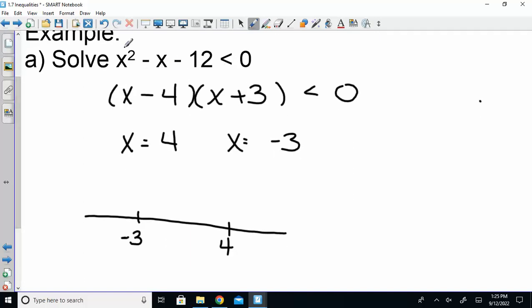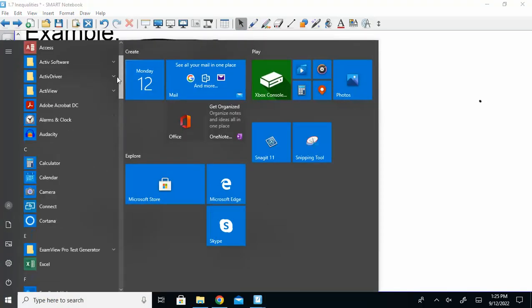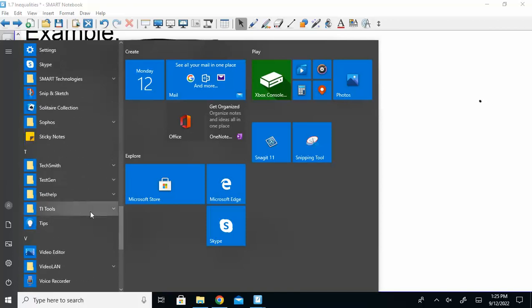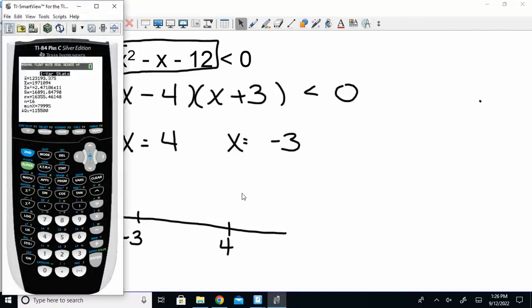You can use your graphing calculator if you need to, but we should kind of know, what does a quadratic look like? A parabola. Graph it real quick. Go to your y equals, because we haven't talked about graphing quadratics yet this year.